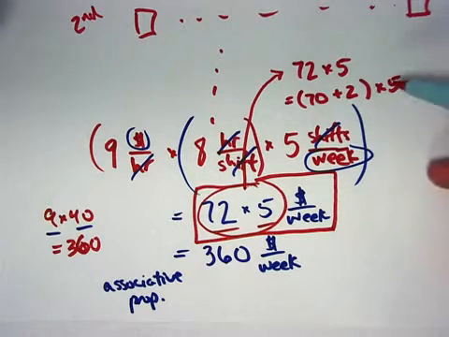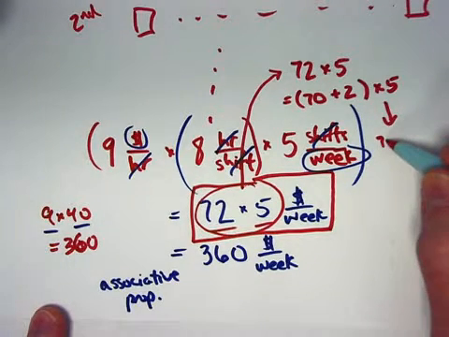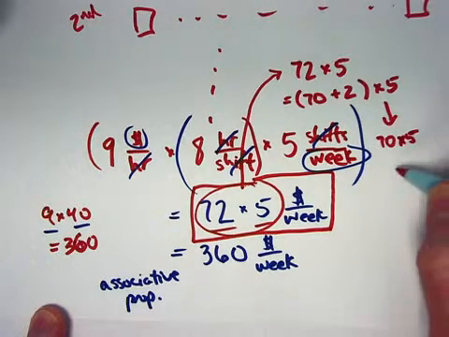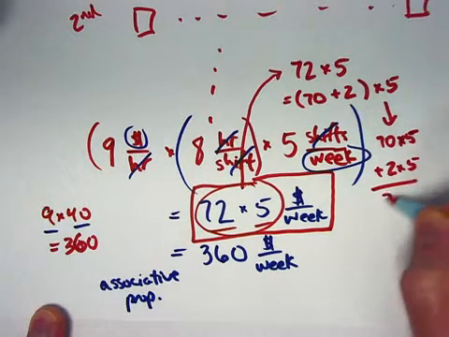And then I said again, you can think of this as 70 times 5, which is 350, plus 2 times 5. 350 plus 10 is 360.